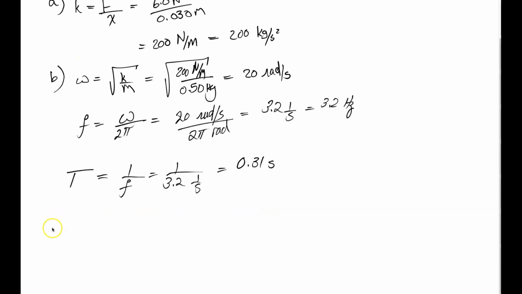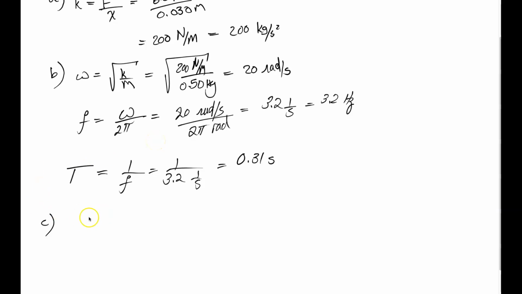So assuming we now, instead of pulling at 0.02 meters to the right, give it another initial displacement and initial velocity, and we want to find some equations. So just for part C, we're going to assume that the amplitude given earlier is no longer valid.